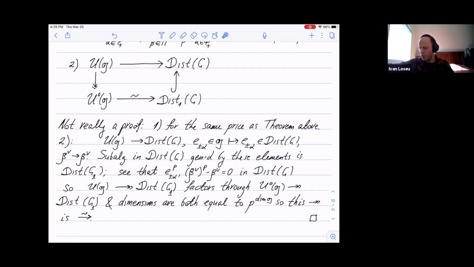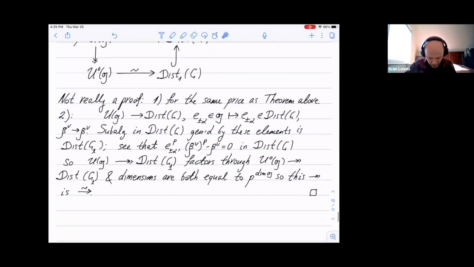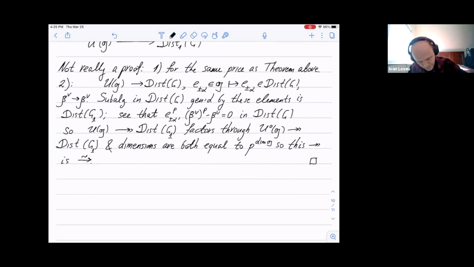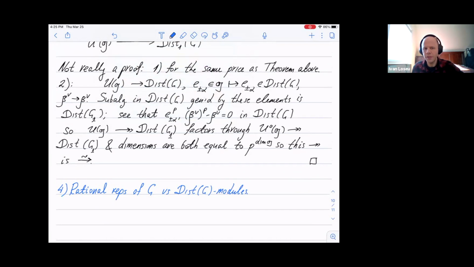Okay. Now I want to give a brief account of a connection between rational representations of G versus modules over the distribution algebra. I'm not going to give proofs to save time.